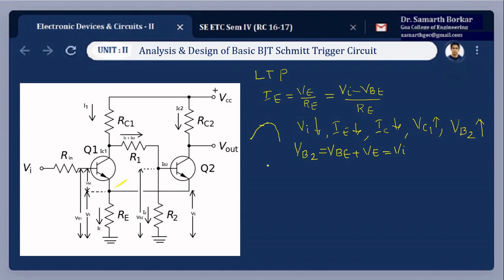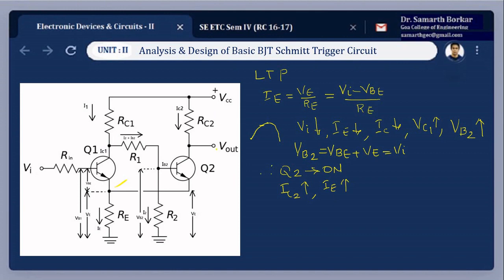Therefore, since transistor Q2 goes to saturation, naturally the current IC2, the current passing through the collector terminal of transistor Q2, increases, and IE also will increase. So VE increases. Naturally, what is VE? VE is the product of IE and the resistance RE.